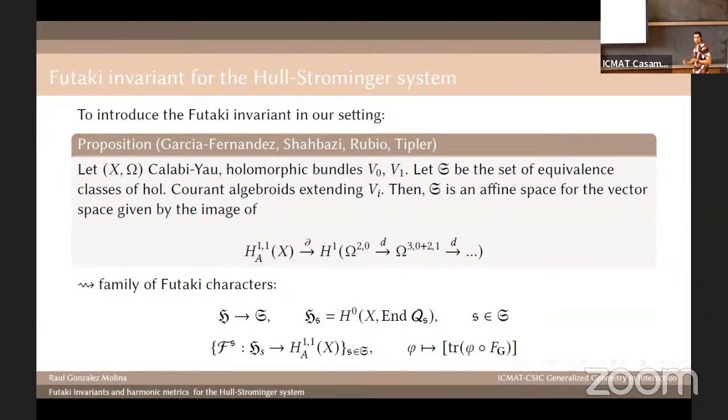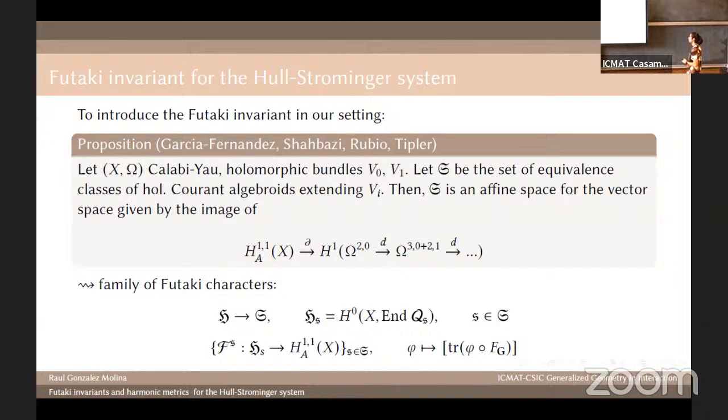It is defined at each point of the classifying space. And then our Futaki invariant is the evaluation at each fiber. For each fiber, we have a different holomorphic current algebroid, and it's the Futaki invariant for that. And here we have written that it takes values in Aeppli cohomology just by duality, integrating against any balanced class, which lives in Bott-Chern cohomology.